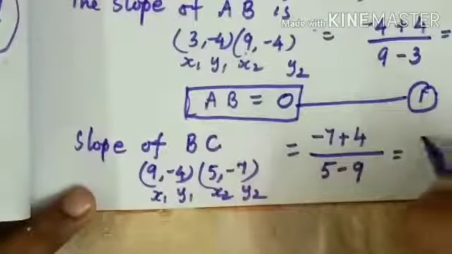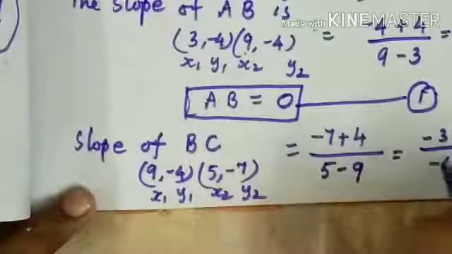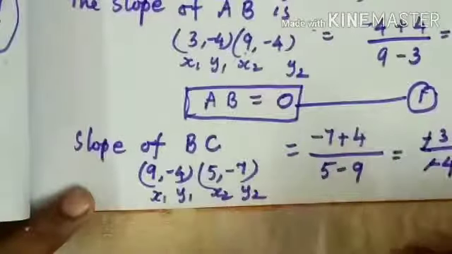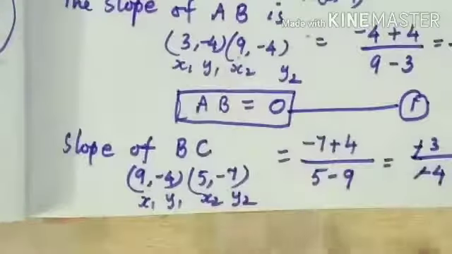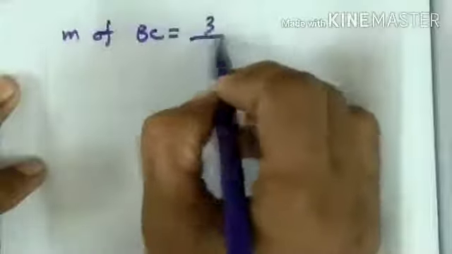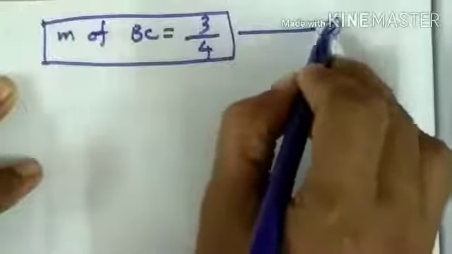That is equal to minus 3 by minus 4. Minus minus cancel. Therefore, slope of BC is equal to 3 by 4. This one you keep number 2.